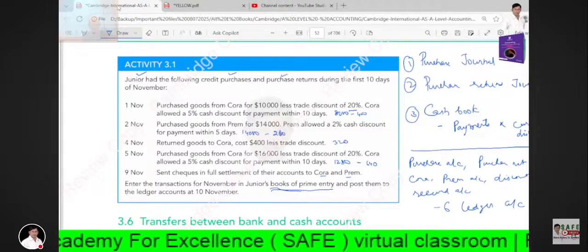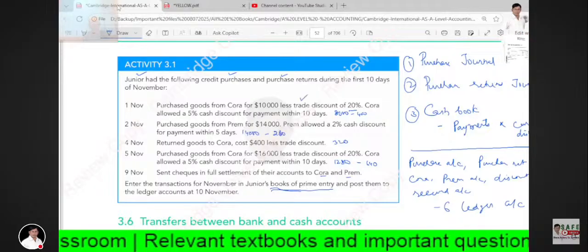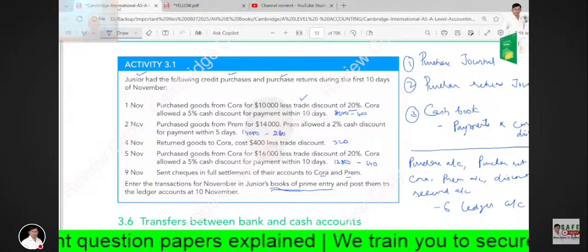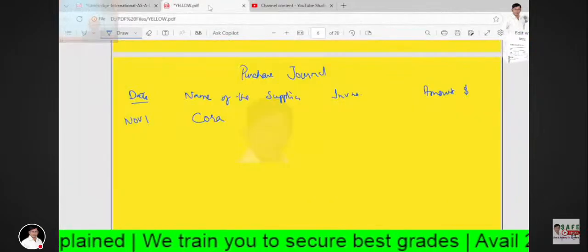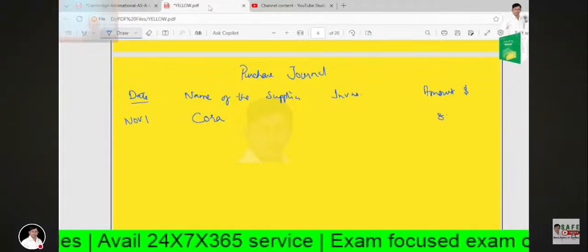It should be recorded at 8,000. Remember always, trade discount is never recorded, never shown anywhere. It will always be recorded at the net amount, so 8,000.